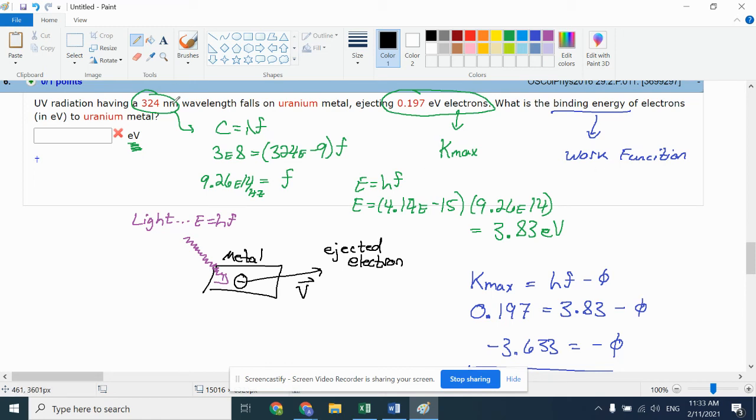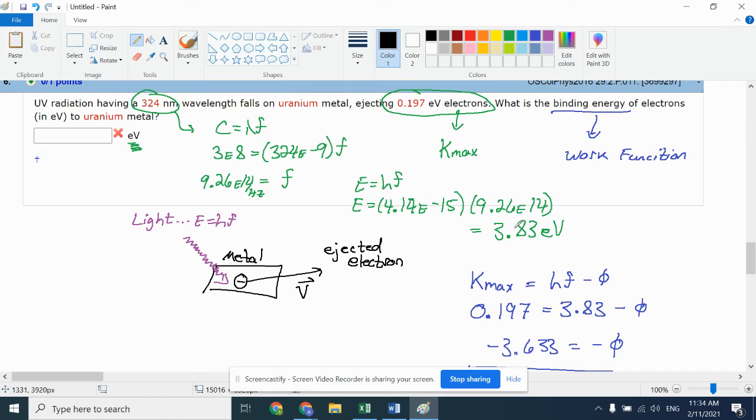So I'm going to go ahead and take the wavelength and find the frequency. c equals lambda f. The wavelength is in nanometers, so I need to do the times 10 to the negative 9th. I get the frequency of light. Once I have the frequency, I need to know the energy. Why am I using 4.14 E negative 15 instead of 6.63 E negative 34? Because it wants the answer in electron volts.